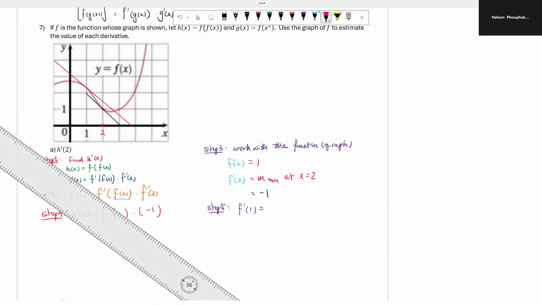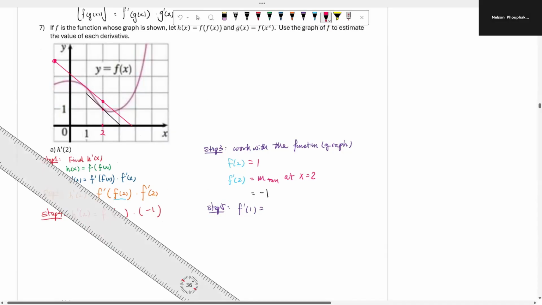Then let's see. So we could consider that to this one, we could use this point, and then maybe this point.